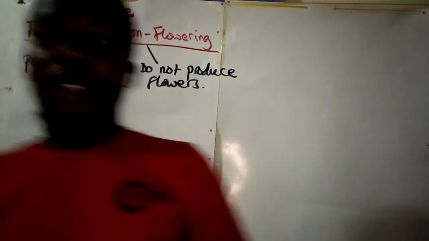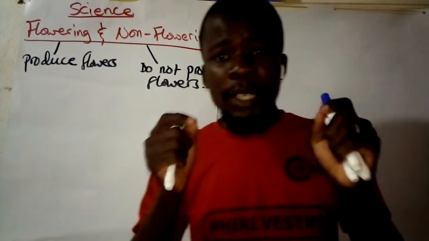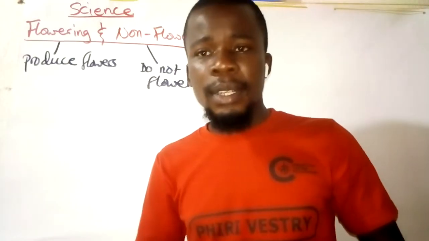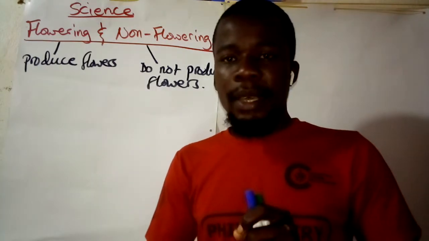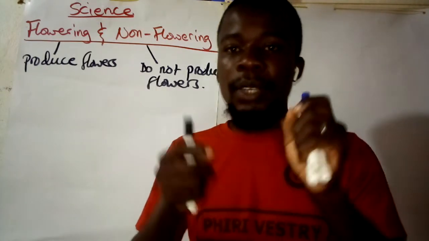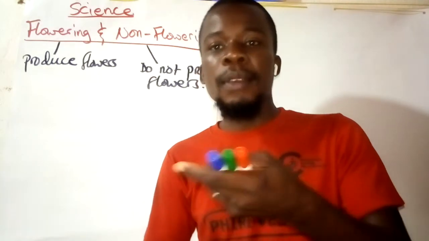All right? Flowering plants are those plants which produce flowers. On the other hand, we have got non-flowering plants, those plants which do not produce flowers.